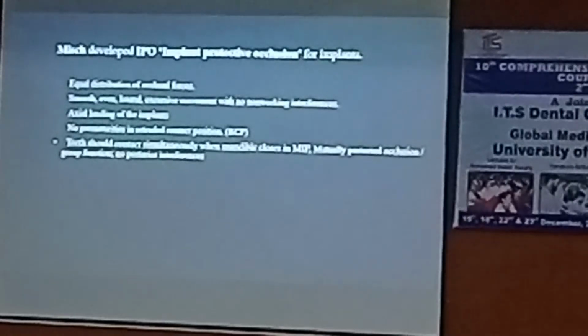See the major difference. There is a paradigm shift. Have you ever bothered, while chewing, where my forces are falling? Any one of you? Nature has given you such beautiful roots which will take care. But here, once we start doing the artificial prosthesis, we have to protect the prosthesis itself, the substructure.